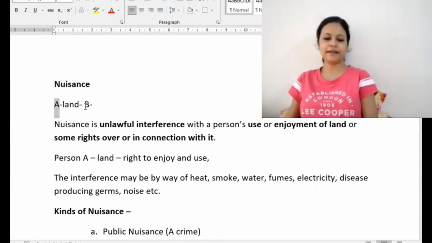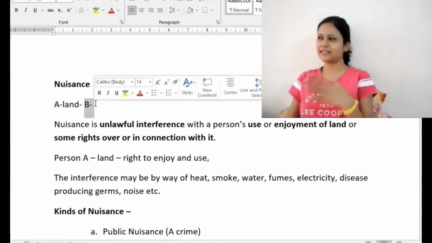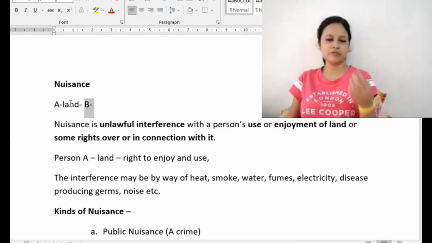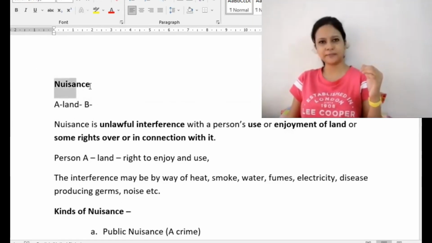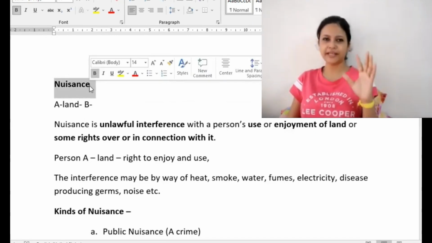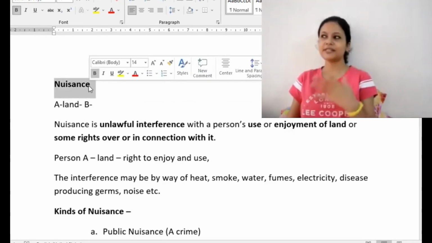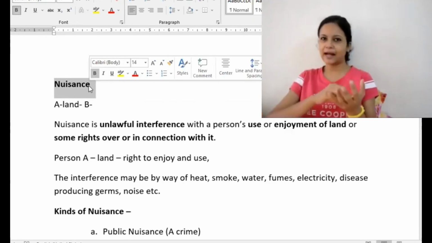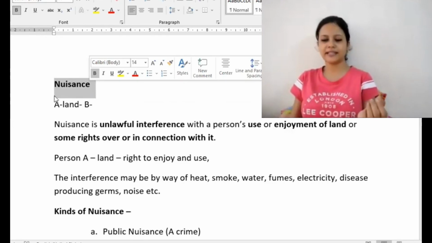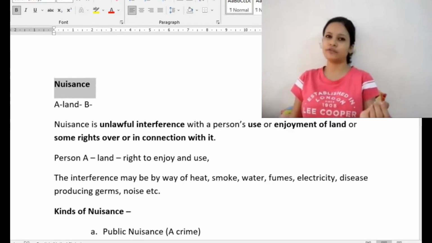But if another person, maybe B, C, D, E, whoever, interferes with those rights without a lawful justification, that is nothing but nuisance. If somebody else comes and interferes without a valid justification, that leads to the wrong of nuisance.